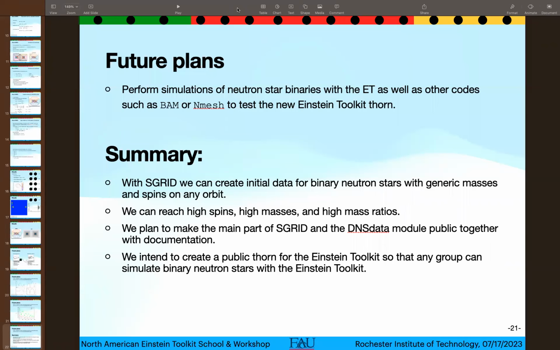I was interested in something which is already well known and which works. So I started from Lorene. It works equally well, but SGRID is better, I think, for generating the cases with spin.